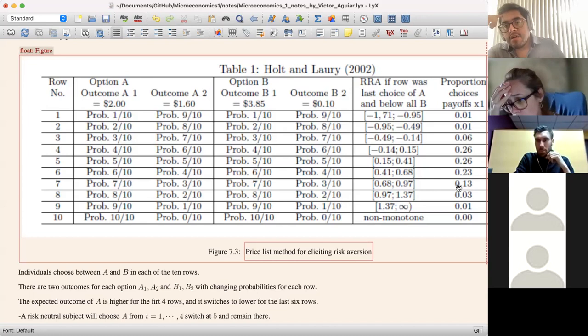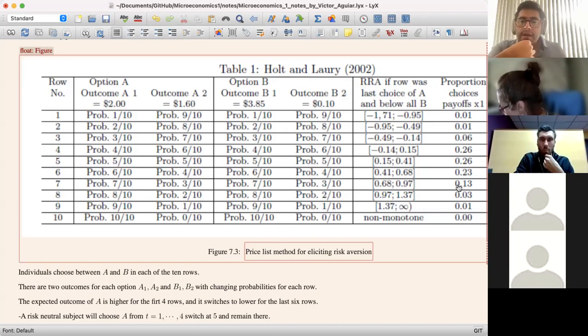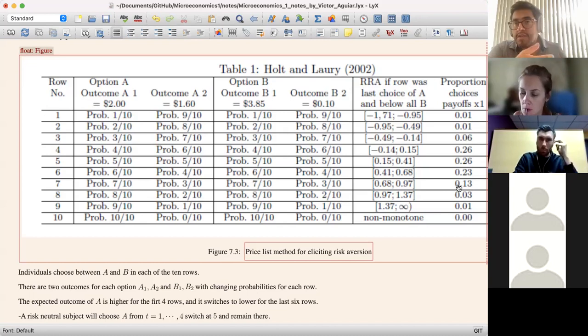Okay, so this method was created by Holt and Laury. It's called the price list method. You have to pay them in order to incentivize truthful choice. So basically, if they buy lottery A, you have to run the lottery and then pay them according to that. So people have used them in many situations.